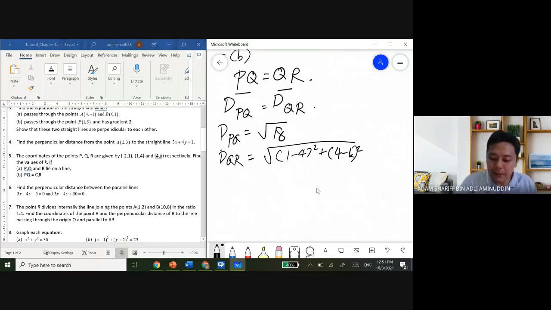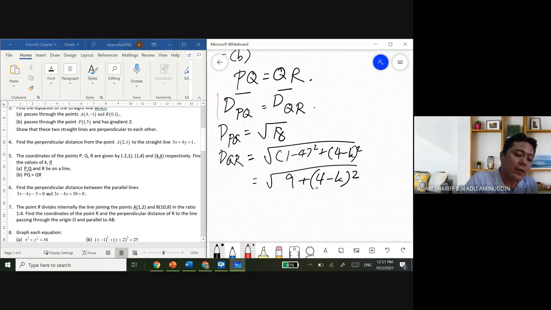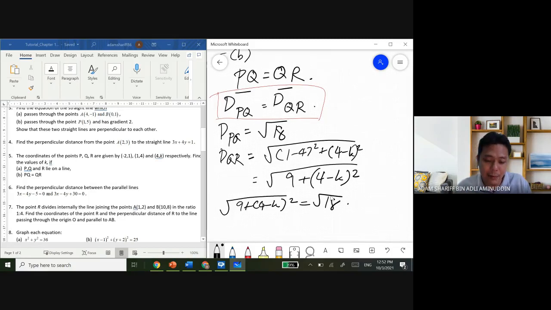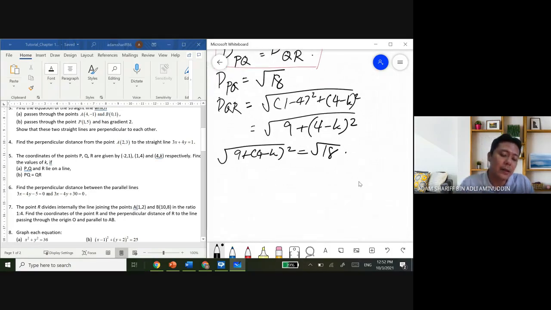Okay, after some simplification, the distance between QR is 9 plus 4 minus K squared. And because I assume that this will be equal, therefore, square root of 9 plus 4 minus K squared is equivalent to square root of 18. You need to solve for K. Boleh diselesaikan kat sini. Square root both sides, everything and so on.